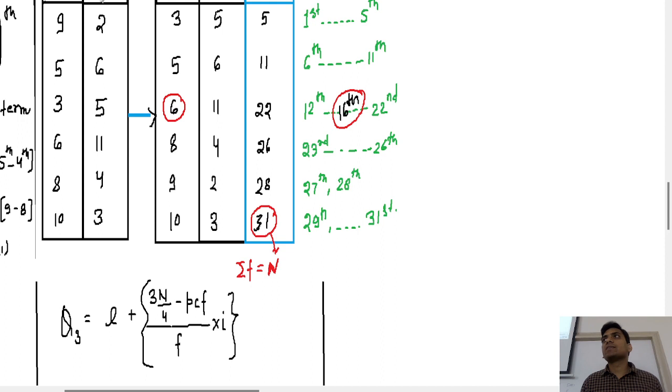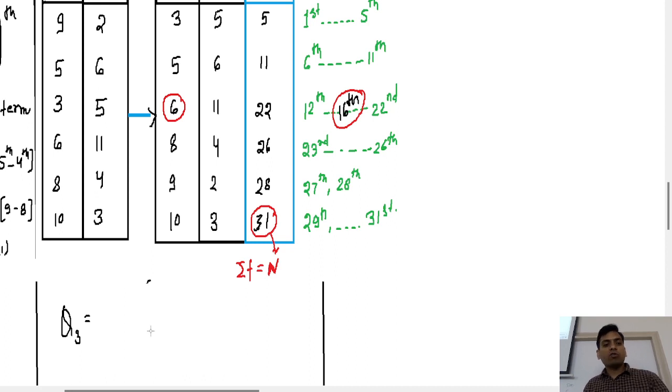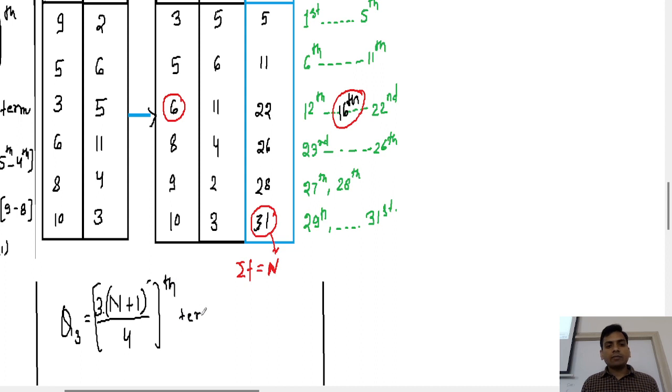This is discrete data. So for discrete data the formula is the same, capital N plus 1 upon 2f. Clear? So in this case we will not use this formula. We will use N plus 1 upon 4, and for the third quartile you will write 3 times that.